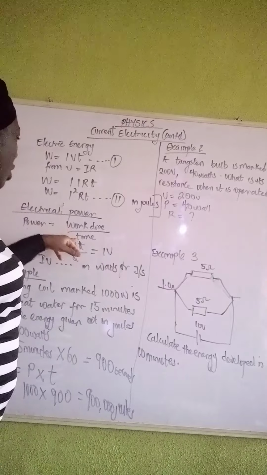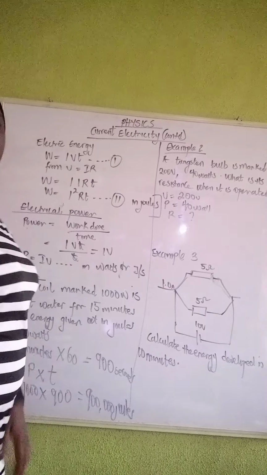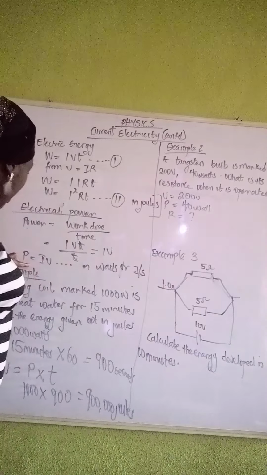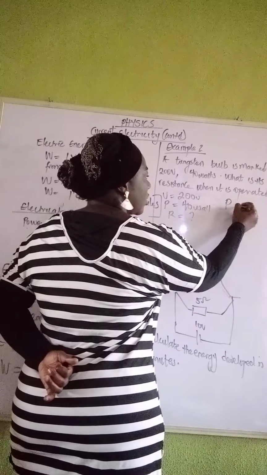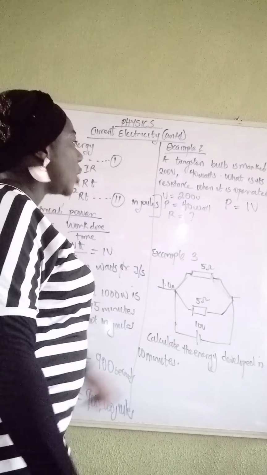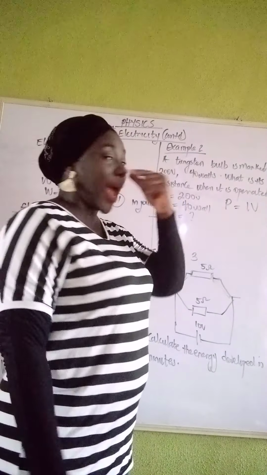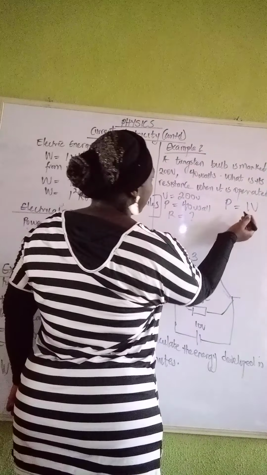Power equals work done over time, but we were not given work done. We have power, so we can make use of the second formula, P equals IV.